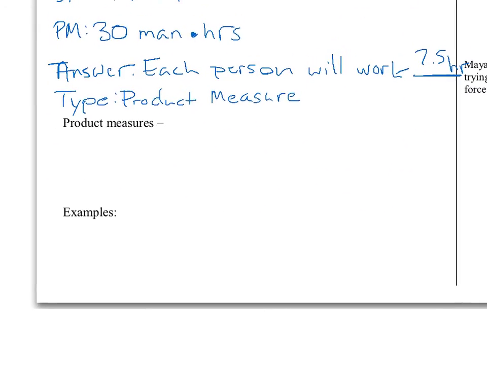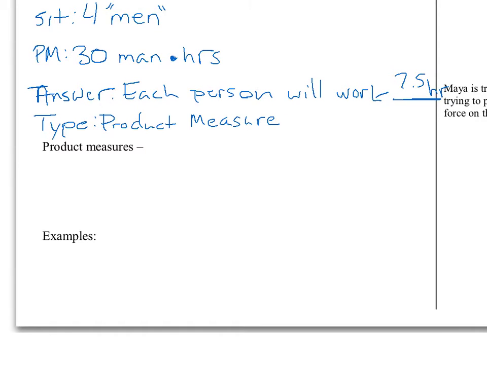So as we look at this, we're going to define a product measure really quickly. A product measure is a measure of 2 units multiplied together.